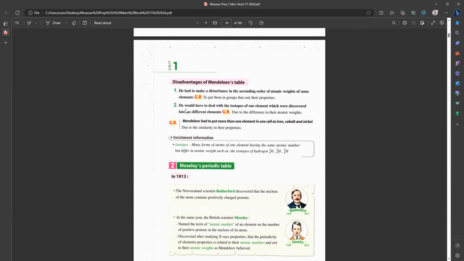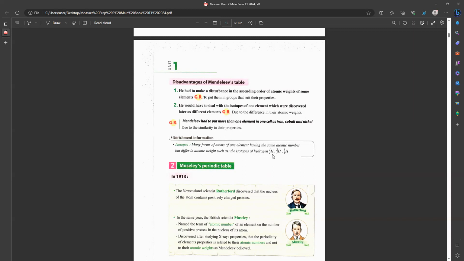The second disadvantage of Mendeleev is that he had to deal with isotopes. Isotopes are of the same element. We know that an element like hydrogen has a copy of it. Each element has a copy, maybe two, maybe three.